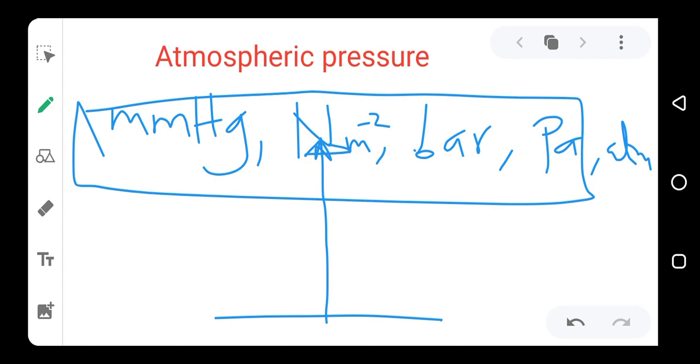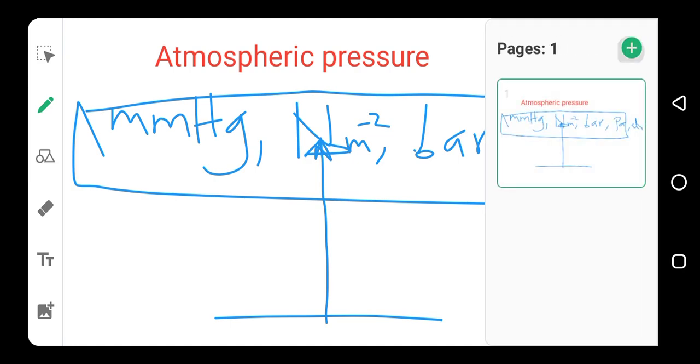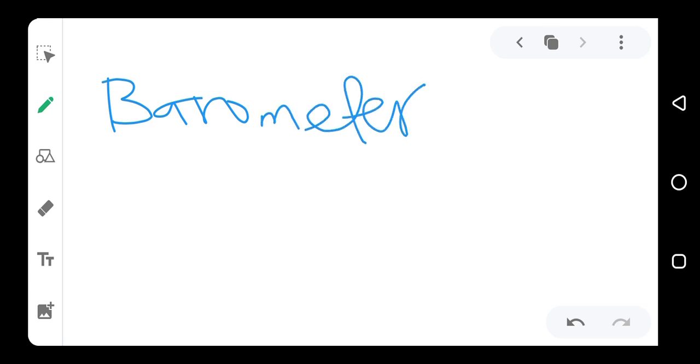Now we look at the instruments for measuring pressure. The instrument we use in measuring atmospheric pressure is called a barometer. And we have different types of barometer.